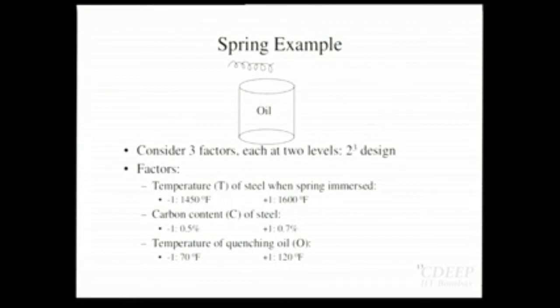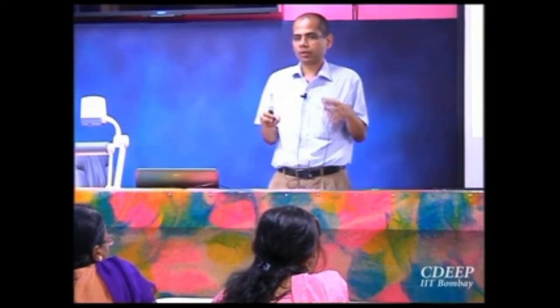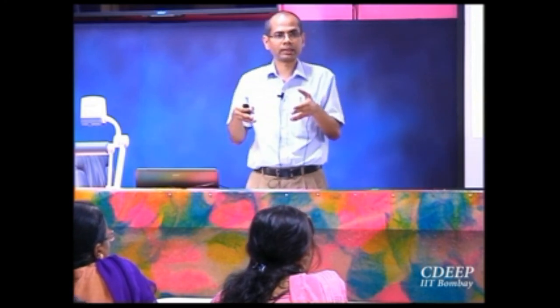Now to do some analysis, what analysis can we quickly do? Let us look at this particular example again, and now I am going to introduce one more factor. So the summary so far is that if you have some response variable y, in this case the cracking of springs, I want to find out which factors are affecting it.